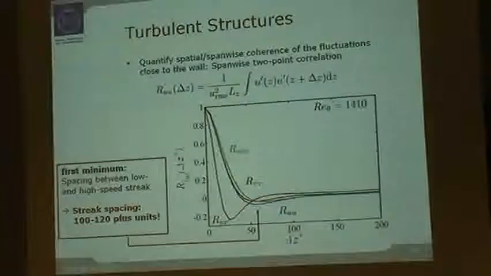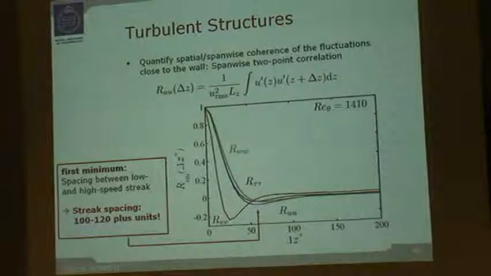So the first minimum corresponds not to the streak spacing, but to the spacing between a low and a high-speed streak, and the streak spacing, so the spacing between two high-speed or two low-speed streaks, would then correspond to double this value.